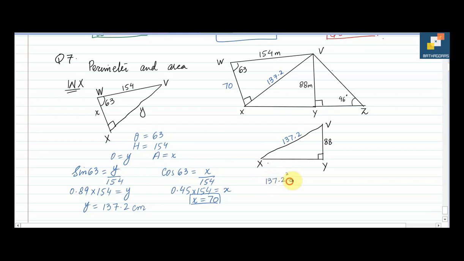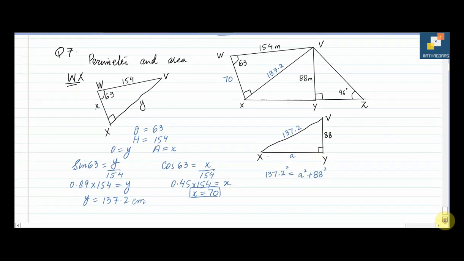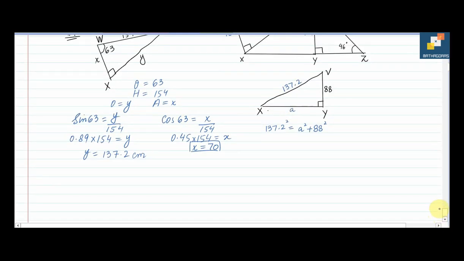So 137.2 squared is equal to, let's call the length of XY a, a squared plus 88 squared, right? So 137.2 squared is 18823.8, equal to a squared plus 88 squared, which is 7744. Now when it shifts to the left side, it will be subtracted from 18823.8.